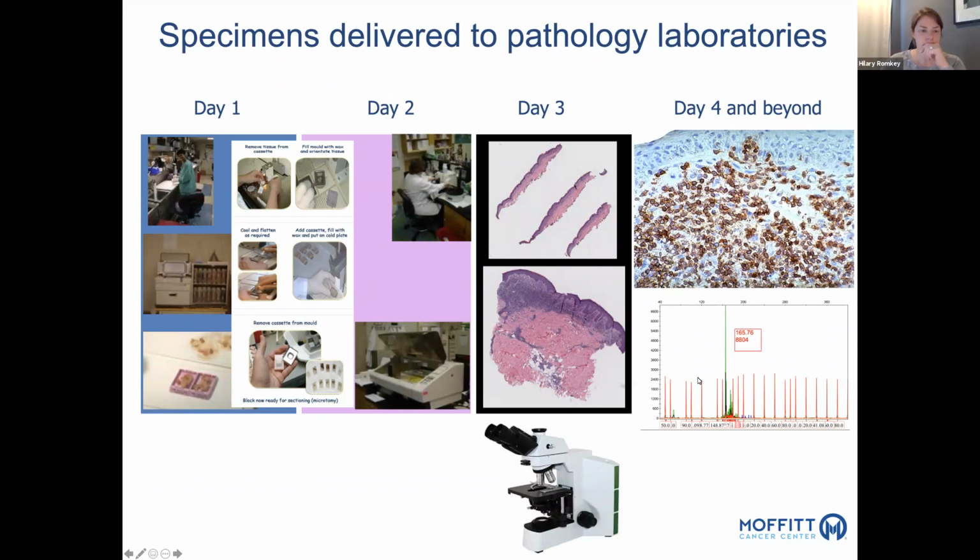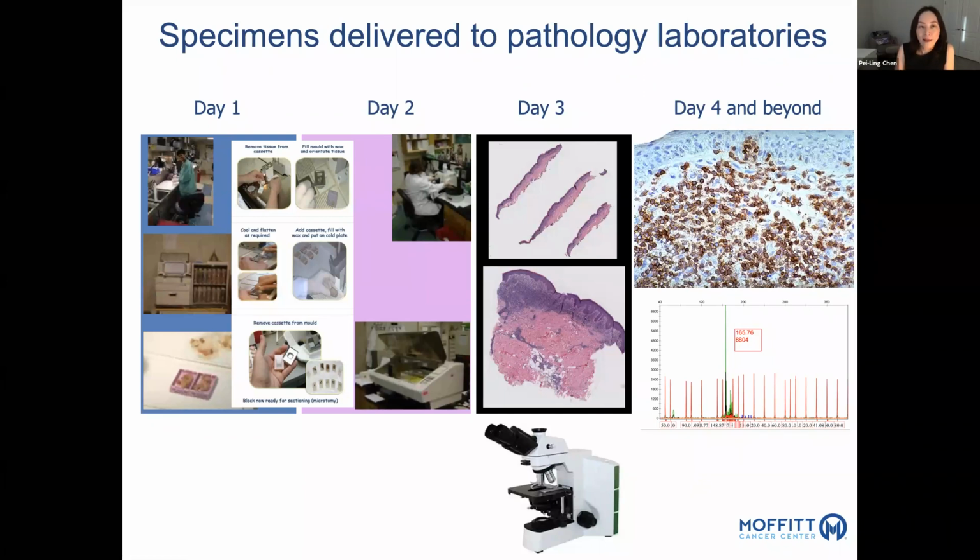If I want to add molecular, this can take another week. So is it sent out to a lab then? Some dermpath labs have contracted labs that they send for TCR testing. At Moffitt, like most of the hospitals, we have our internal molecular testing capacity to run these.